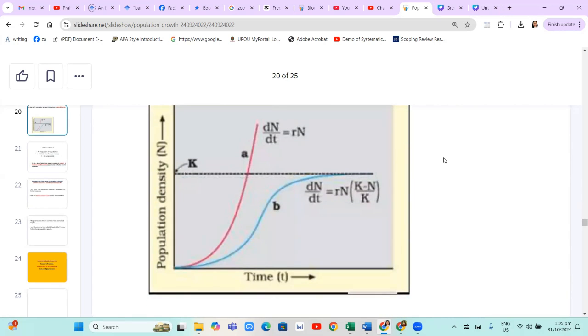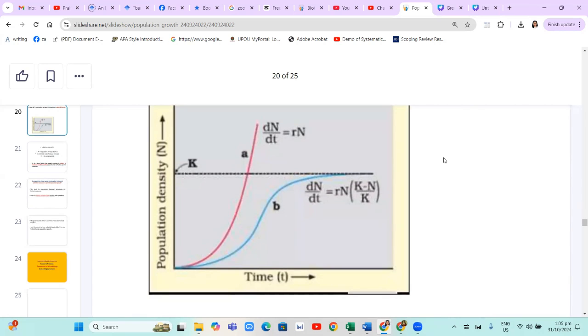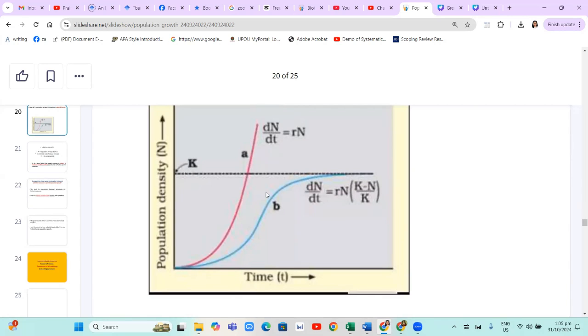As you can see in this plot, the population density N is increasing, and as you can see in this blue graph, the blue line reached the zero or the asymptote.